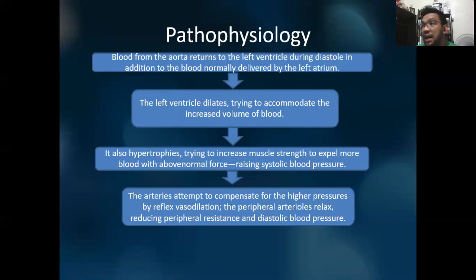While they vasodilate, the arterioles of the peripheries, the limbs, they relax. If they relax, this will reduce peripheral resistance and diastolic blood pressure.